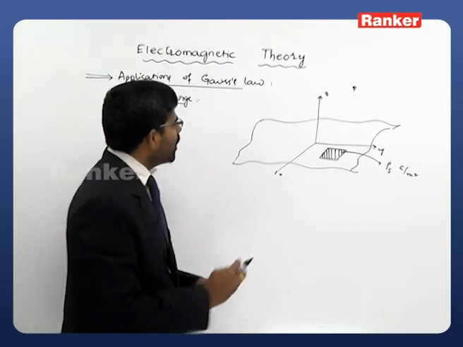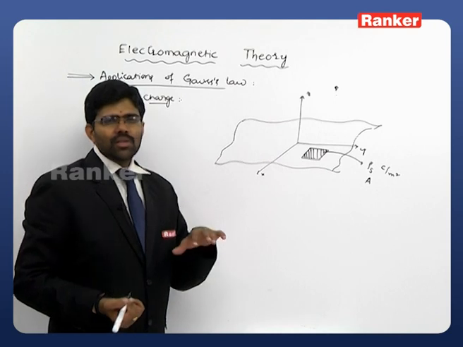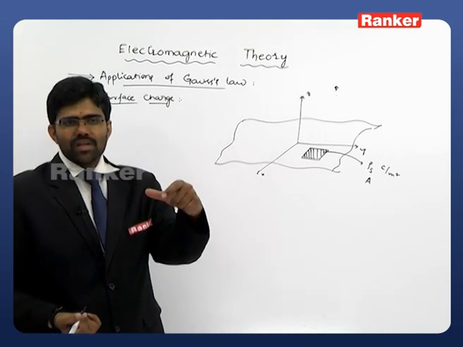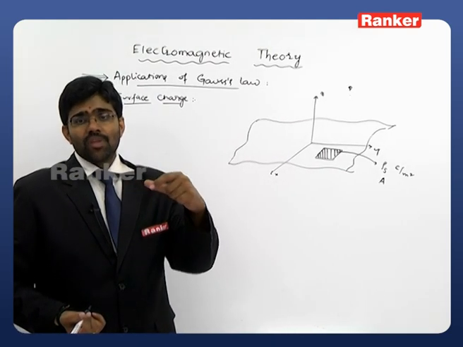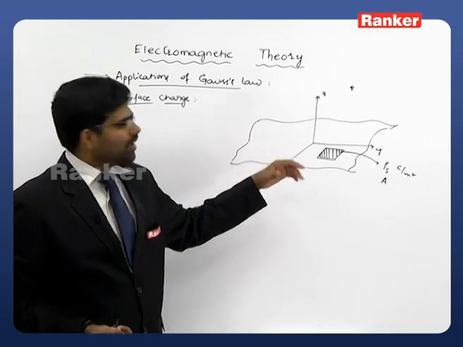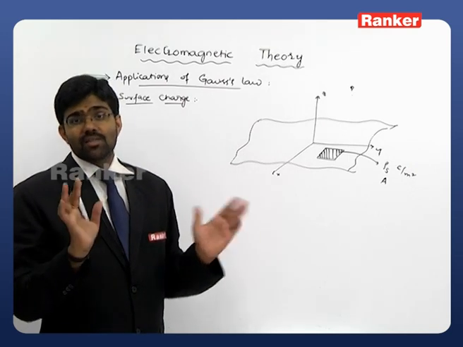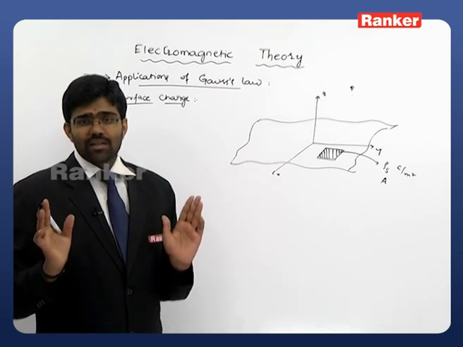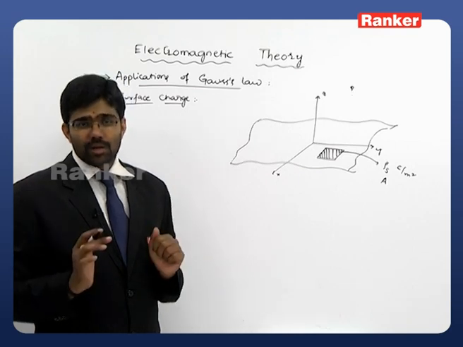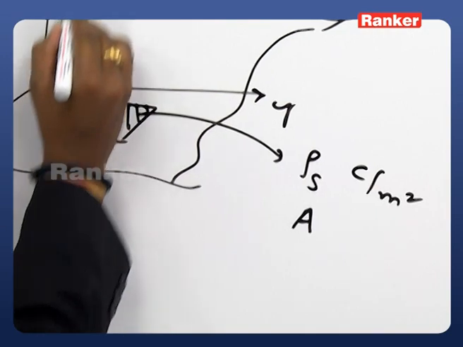Let us take the area of this one as A. Now I will try to form a Gaussian surface around this differential surface. As we said, if we form a cuboid around it, that may be an approximately symmetric one, not exactly, but approximately. So I will try to form a cuboid around this.